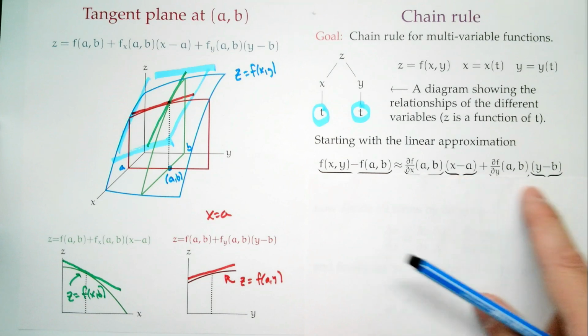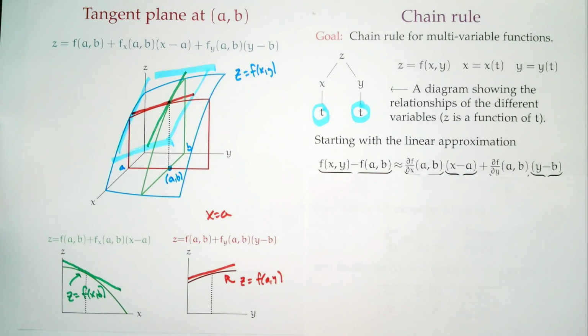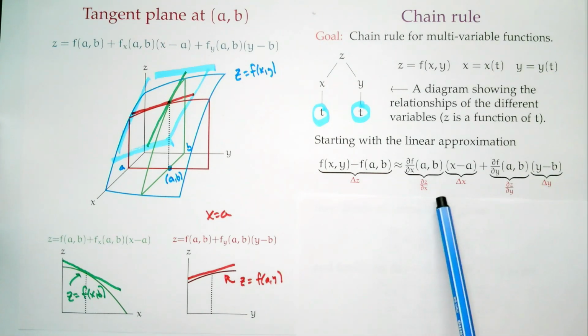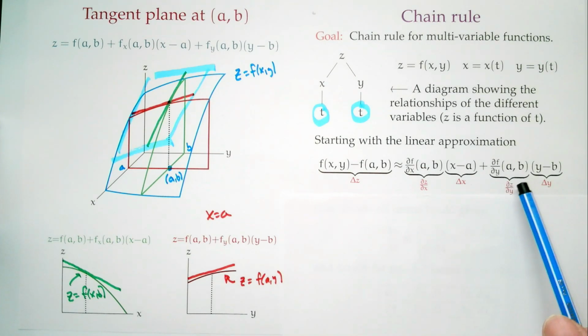Change in x. y minus b? Change in y. So we can simplify our notation, say the change in z is approximately the derivative of z with respect to x times the change in x plus the derivative of z with respect to y times the change in y. It's just another way to express this notion of linear approximation.